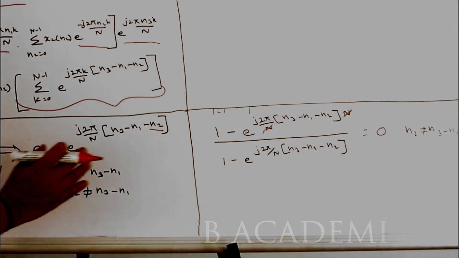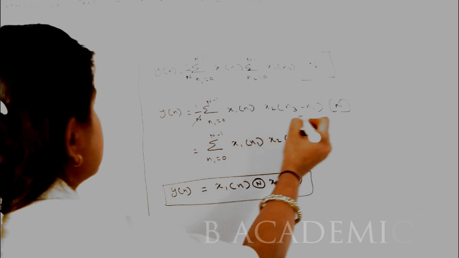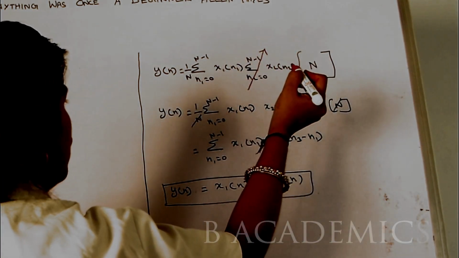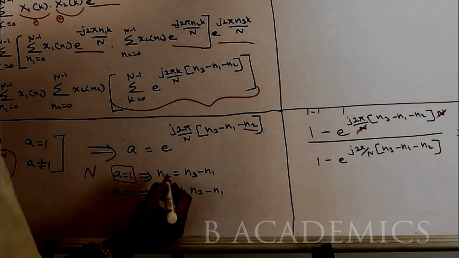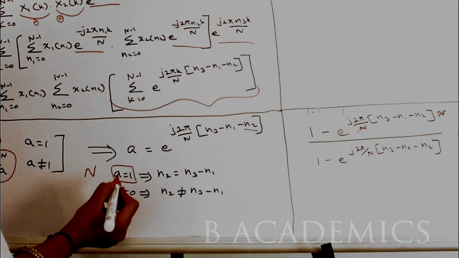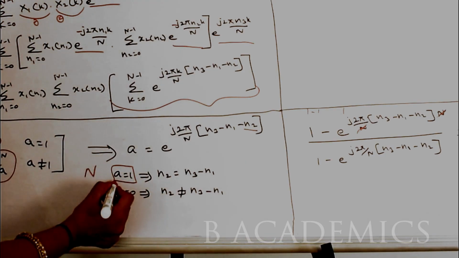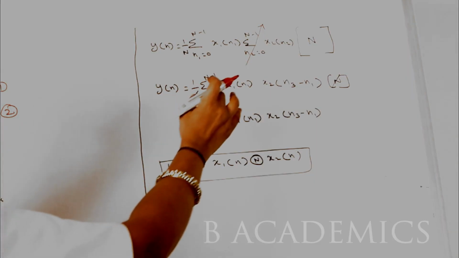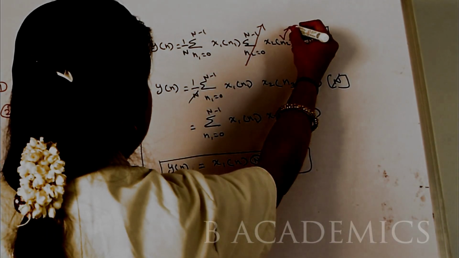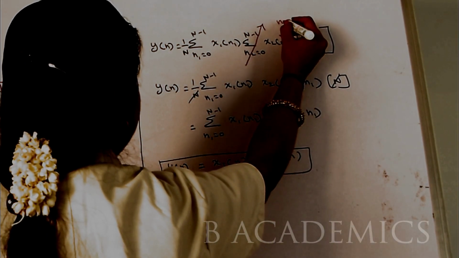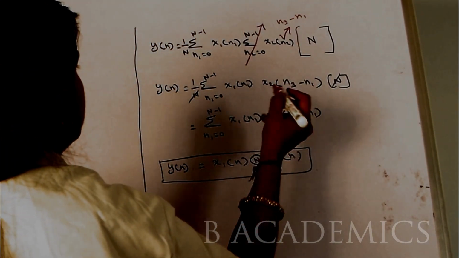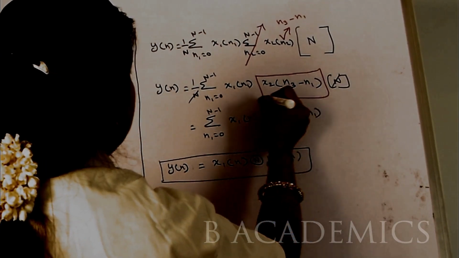Understood? So in this step you are ignoring this limit, because only when you substitute n2 as n3 minus n1 do you get a equal to 1. So you don't need to apply this limit. Just ignore it and substitute n2 as n3 minus n1. This is what I am doing here.